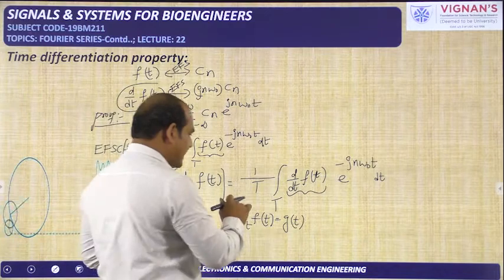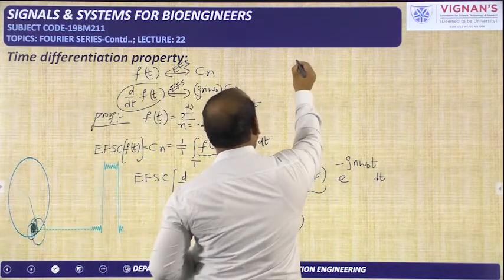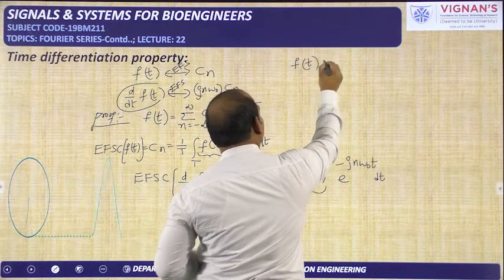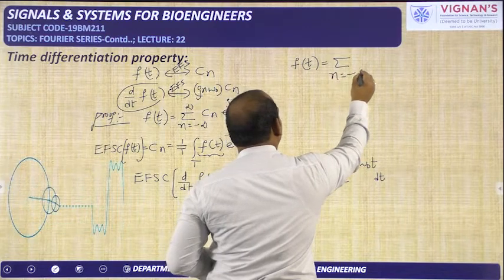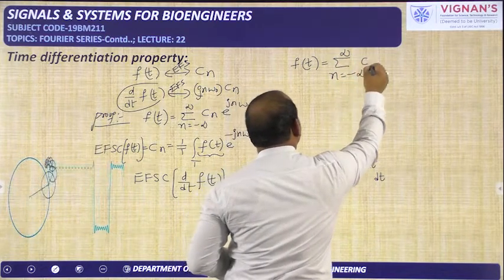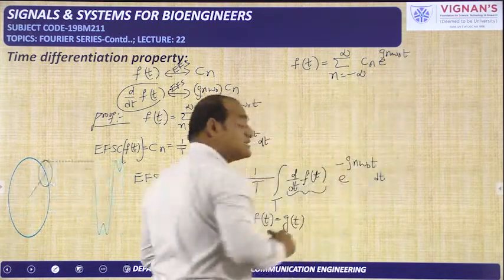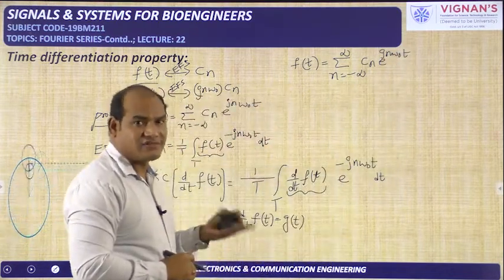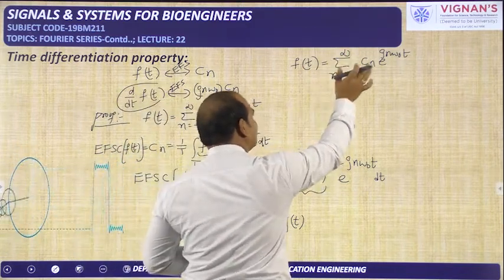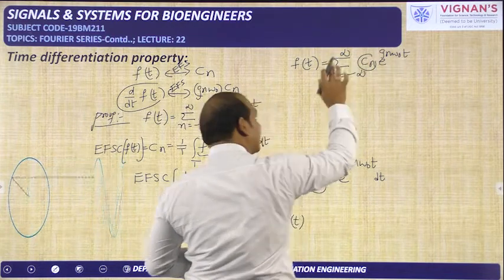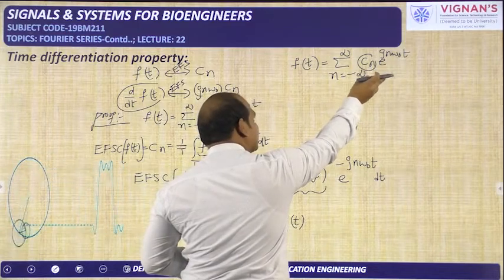After writing this, I am writing the reverse equation, that is f of t is equal to, what is the Fourier series exponential formula? Sigma n from minus infinity to plus infinity Cn e power j n omega naught t. This is the exponential Fourier series for the signal f of t. Already I told that for the periodic signal f of t, the coefficient is given by Cn.